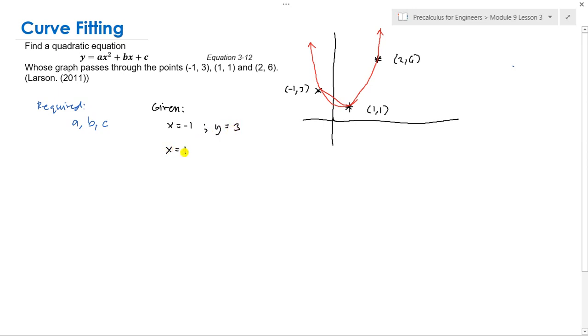Second data, x is equals to 1, y is equals to 1. Third, we have x equals to 2, then y is equals to 6.